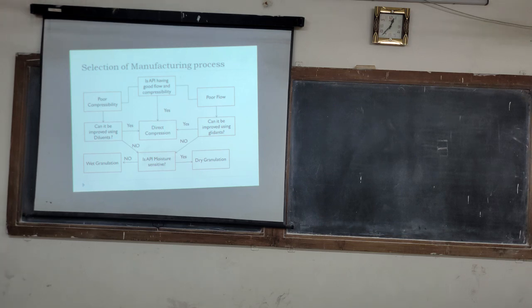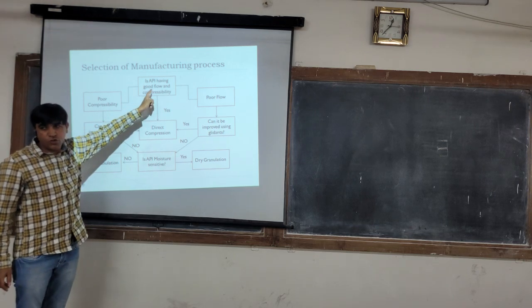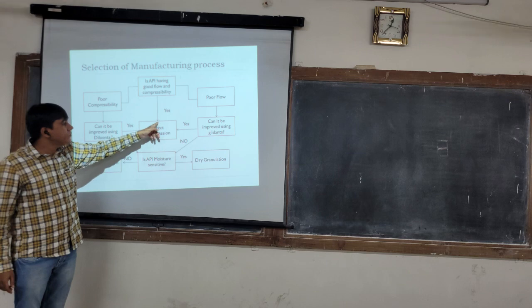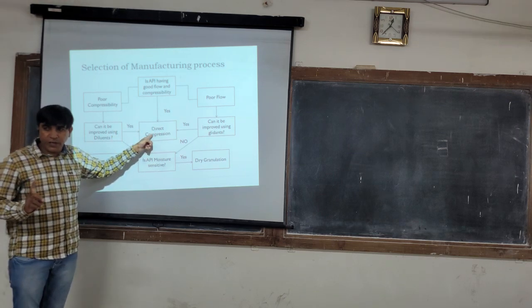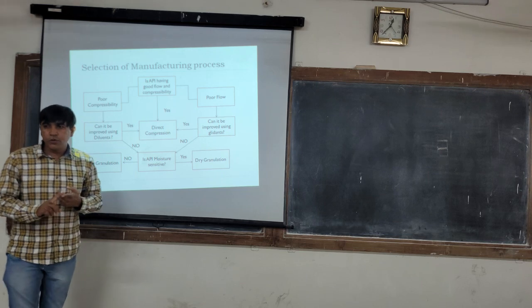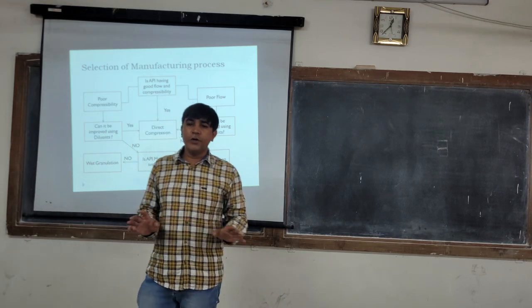Now, this is the selection flow chart of the manufacturing process. Which process should you select? If your API has good flow and good compressibility, if the answer to both questions is yes, you can go for direct compression. There is no need to go for granulation.